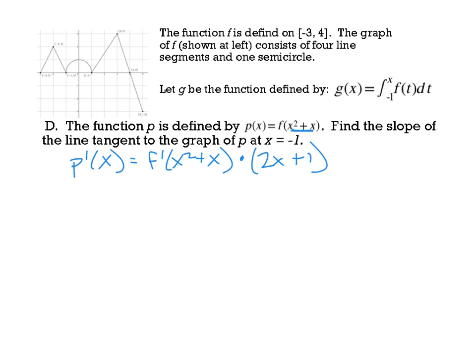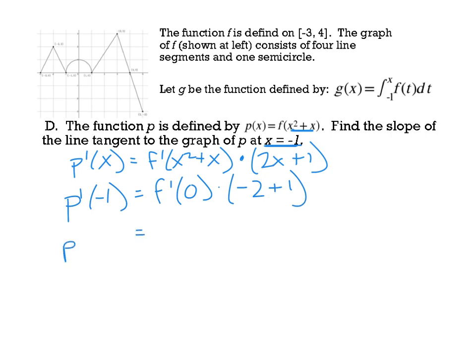All right, then our next task was to find where x is -1. So then we do p prime of -1, plug -1 in for x. We get 1 plus -1, so f prime of 0, times -2 plus 1. So p prime of -1 is f prime of 0 times -1.